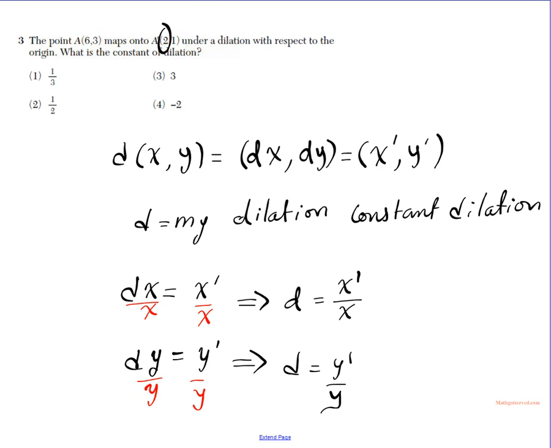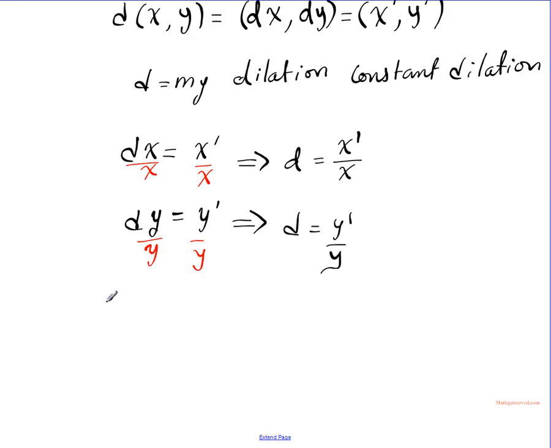Okay? So what on earth am I saying? Let me write it out so that you can understand. My point (x, y) is (6, 3).